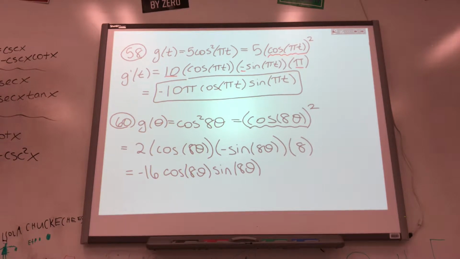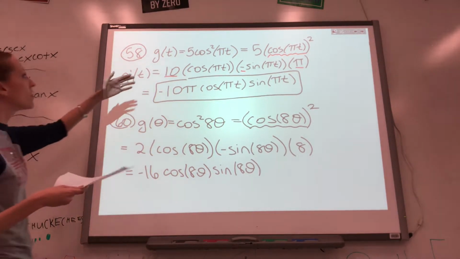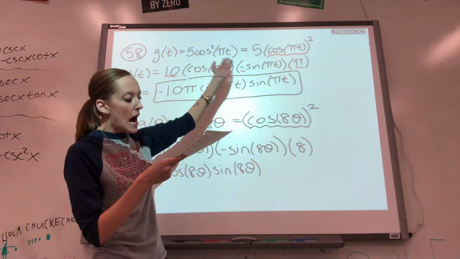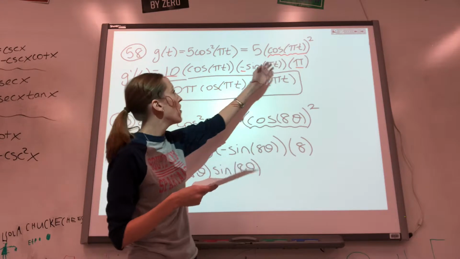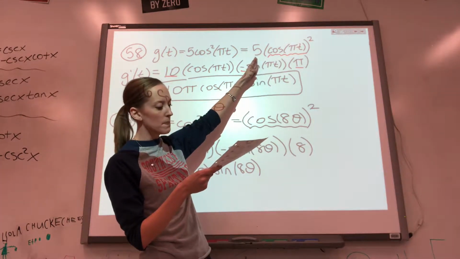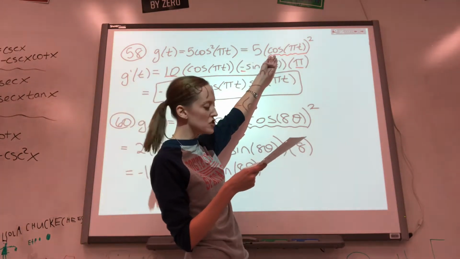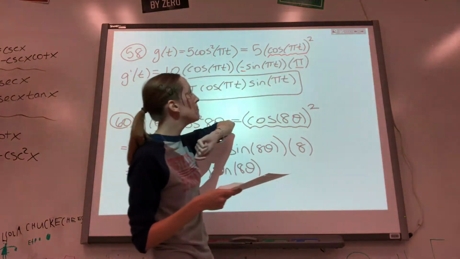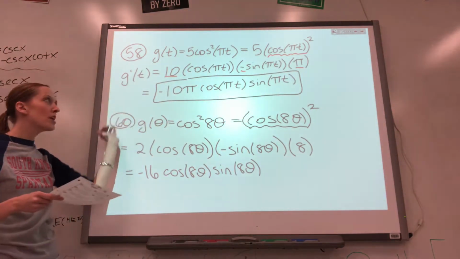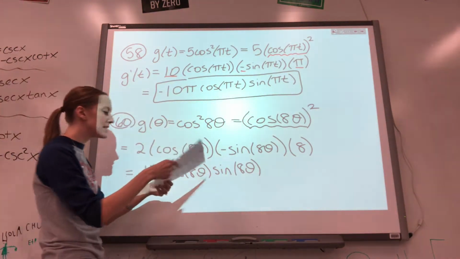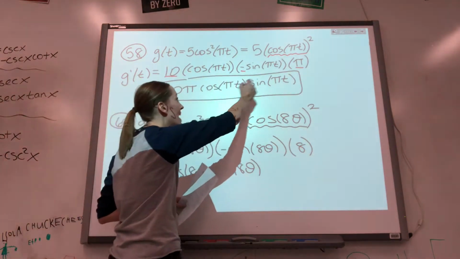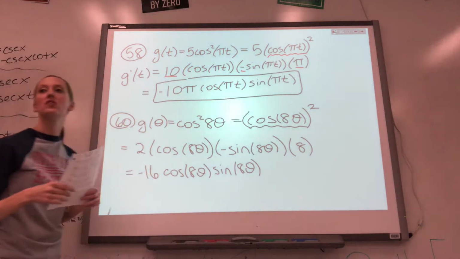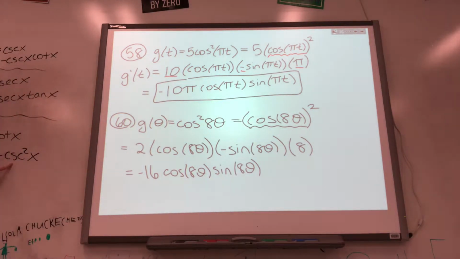If you go to number 62, it's actually pretty similar to 58. I would rewrite it like this first. You'll have a 2 out front and then cotangent of pi t plus 2, and you pretty well have to follow the same steps. You pull the power out front, make it 1 less, come back and take the derivative of the part with cotangent.